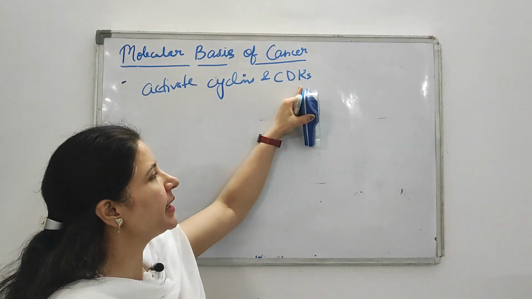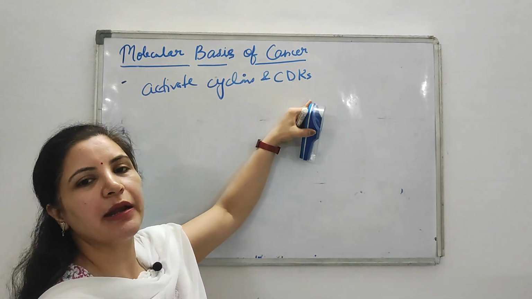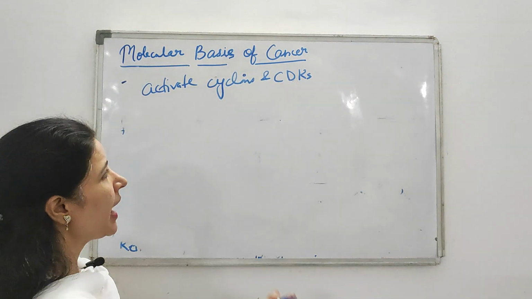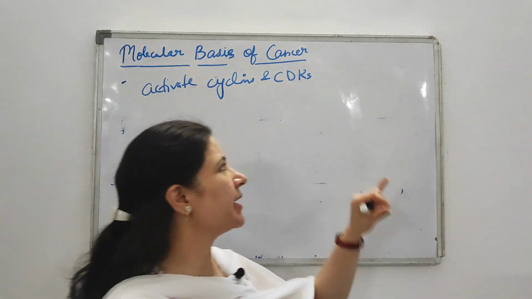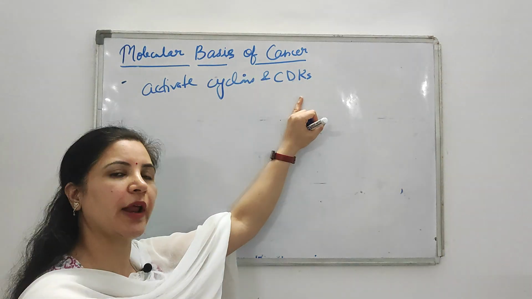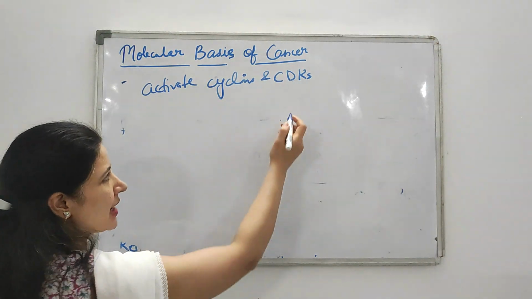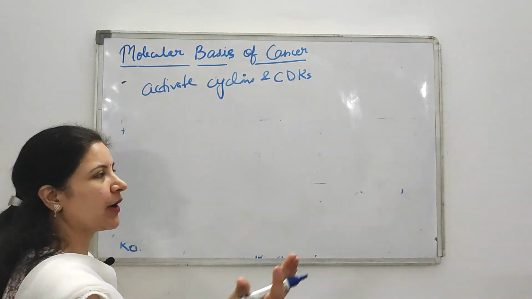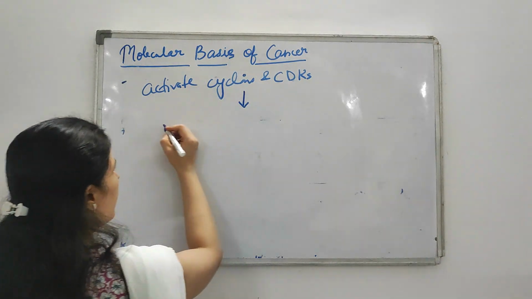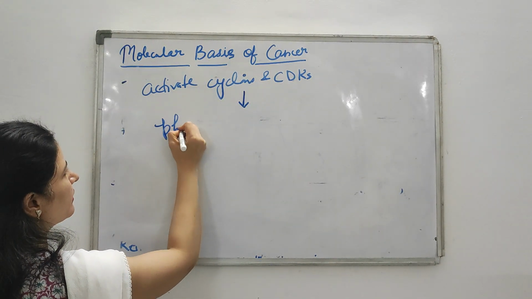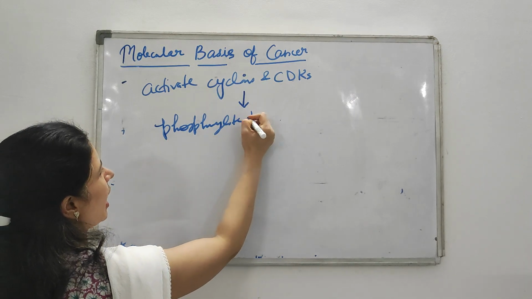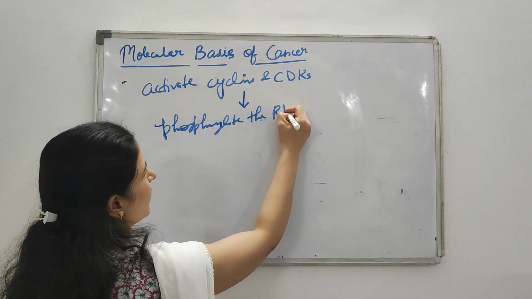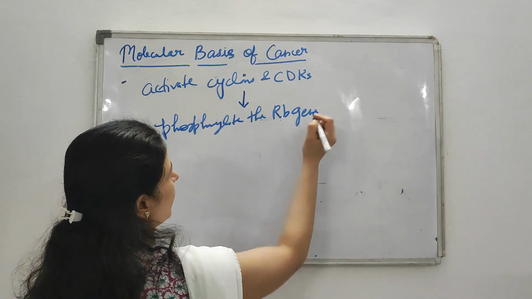CDK stands for cyclin dependent kinase. Clear? In biochemistry, wherever the term kinase comes, it means it will phosphorylate something. So it will phosphorylate the RB gene.